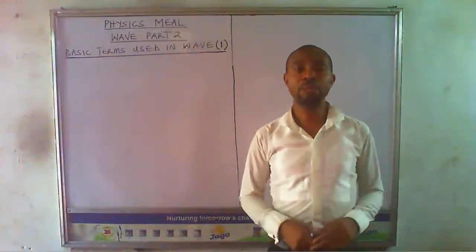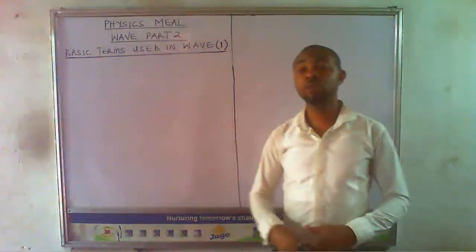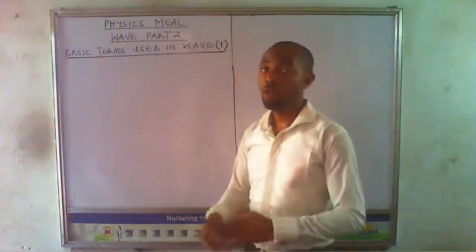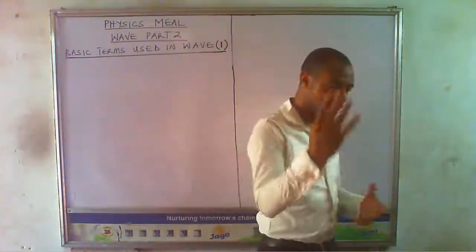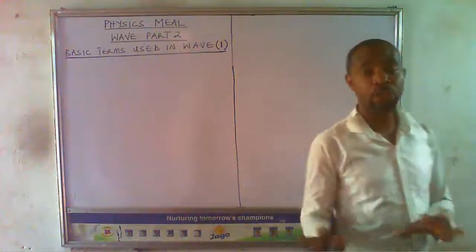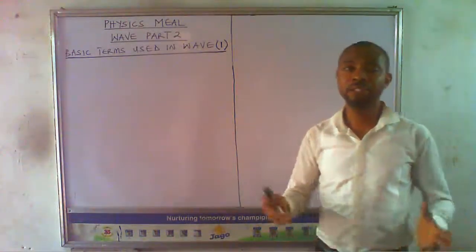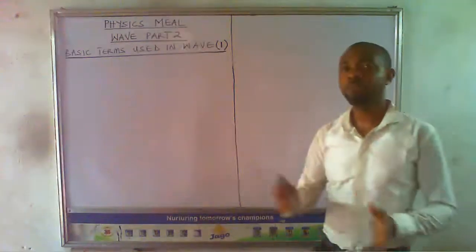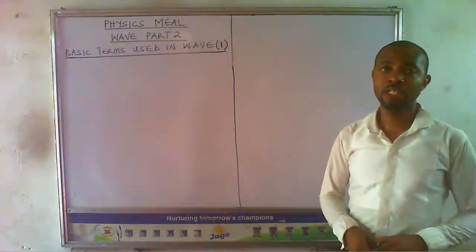We considered mechanical and electromagnetic waves. We also looked at transverse and longitudinal waves, and the terms associated with them: the equilibrium line, crest, and trough. We mentioned compression and rarefaction as they concern longitudinal waves.